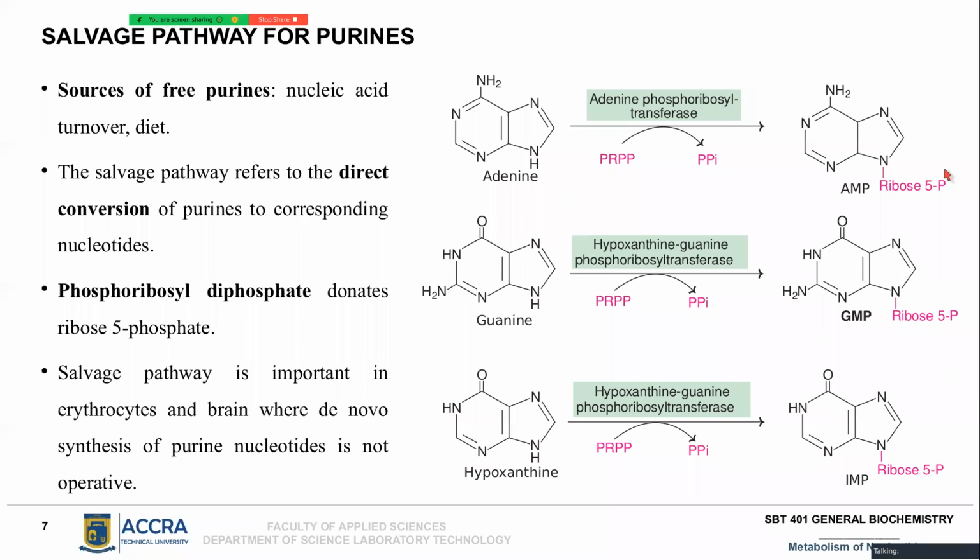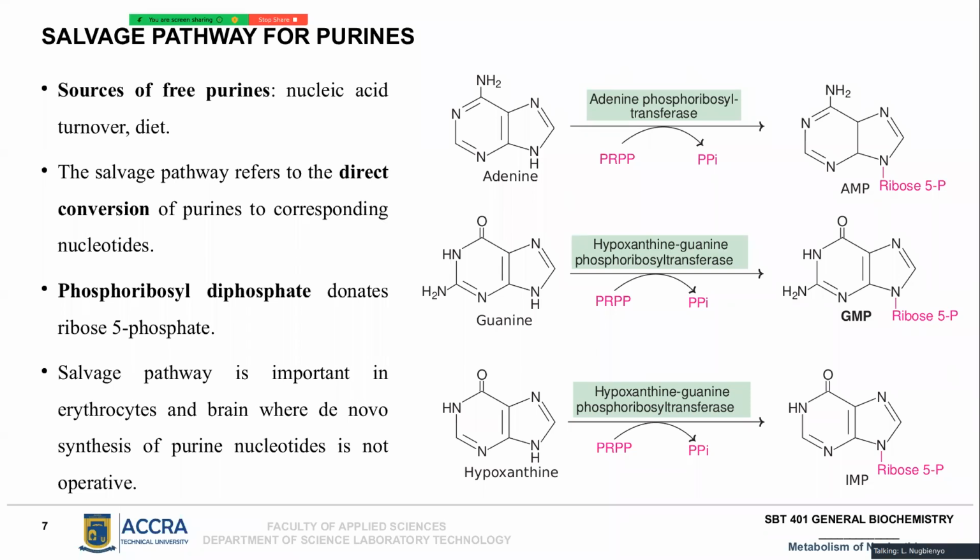So what does that mean? Now, this is like recycling. So if you have some nucleic acid, which is broken down, so you know the nucleotide is made up of the phosphate, sugar, and then the nitrogenous base on it.